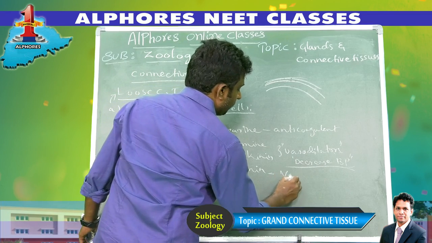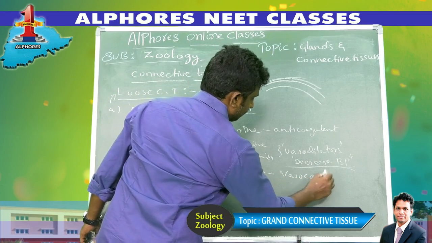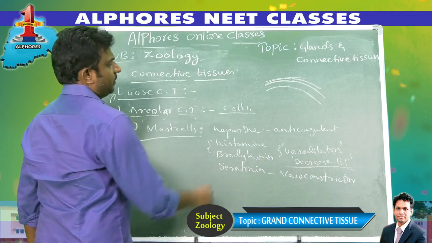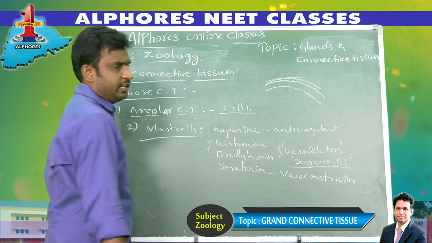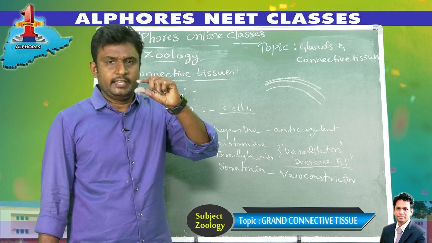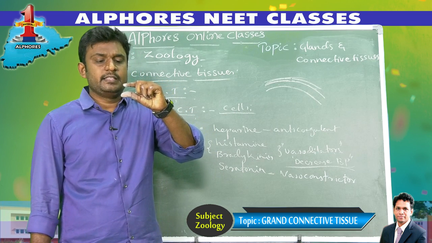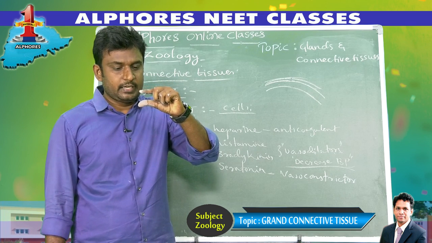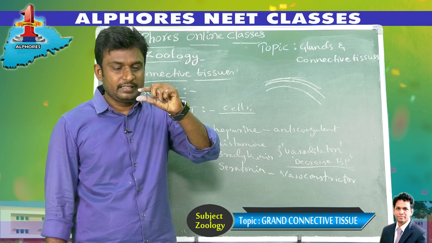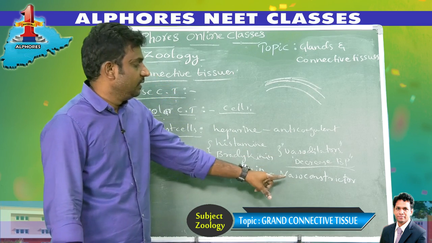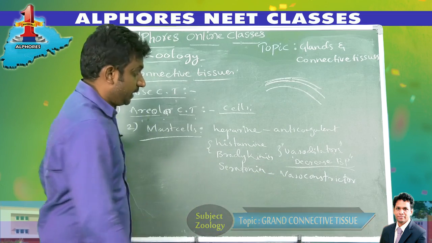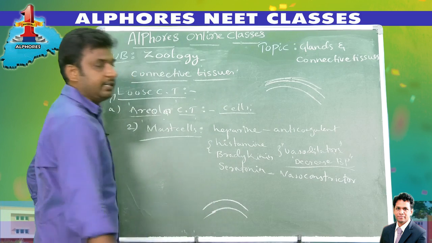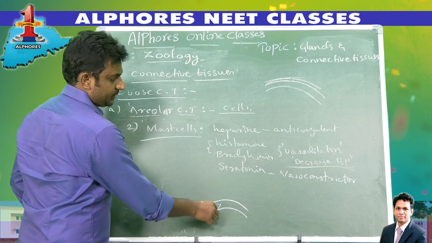Serotonin is a vasoconstrictor, opposite to vasodilation. Vasodilation means the lumen of the blood vessel increases. Vasoconstriction means the vessel comes close; the lumen of the blood vessel decreases. So by vasoconstriction, does BP increase or decrease?